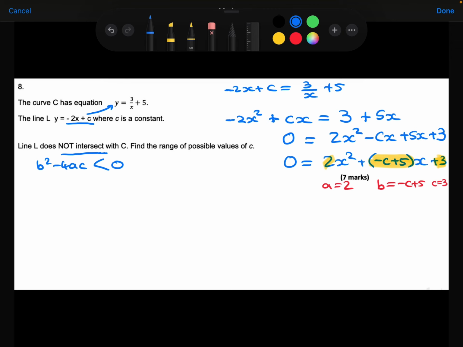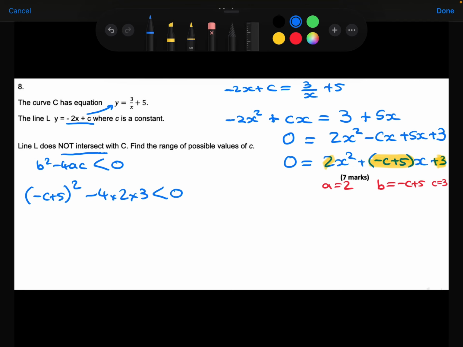Don't get mixed up between the c here in the equation and the c here in terms of the discriminant. They are different c's. Right, let's do it. So b squared minus 4 times a times c. Right, let's expand those brackets.